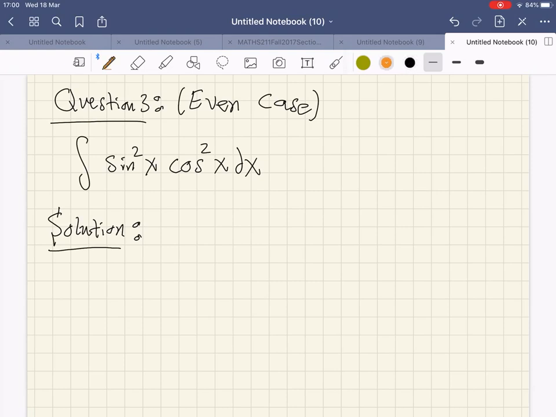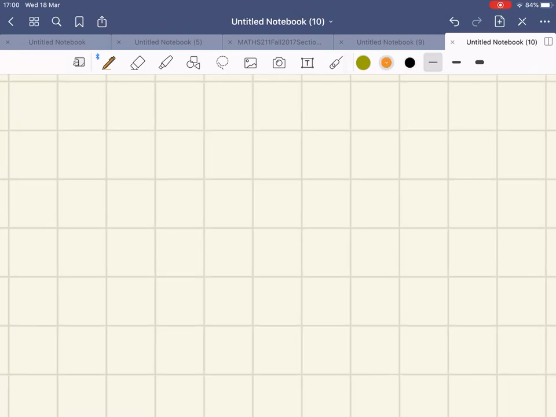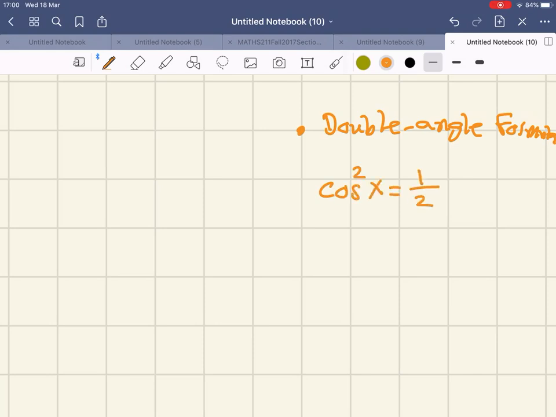Now, what is the idea? What is the trick that we will do? We will use the double angle formula in a different way. Meaning, I will write cosine square x as 1 over 2, 1 plus cosine 2x.